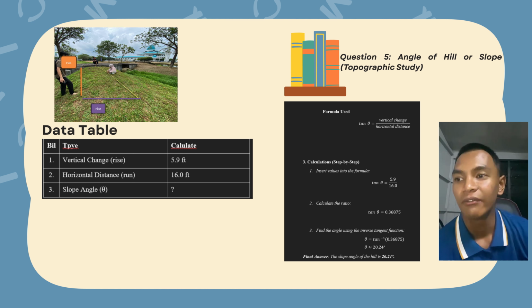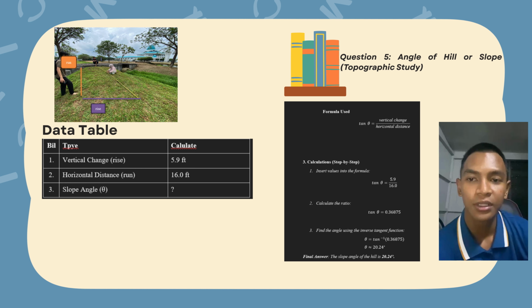We found that the vertical change is 5.9 feet, and the horizontal distance is 16 feet. So in the calculation, we insert the values in the formula: tan equals 5.9 per 16.0.